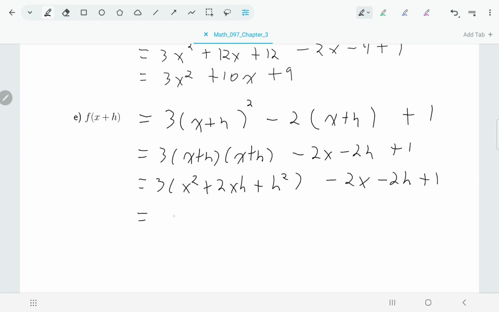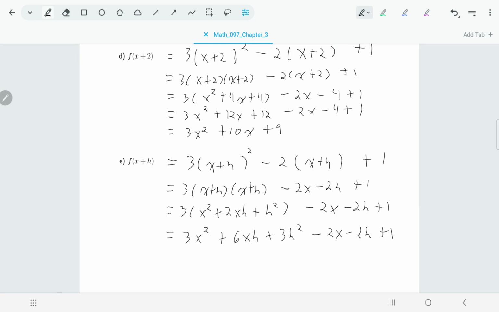So when we expand, we'll get 3x squared, 6xh, 3h squared, minus 2x minus 2h plus 1. And as I said we would expect to see, we evaluated our function with x plus h as our input, and we got an output that involves x's and h's.